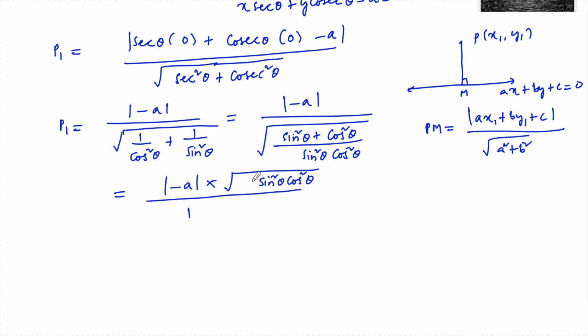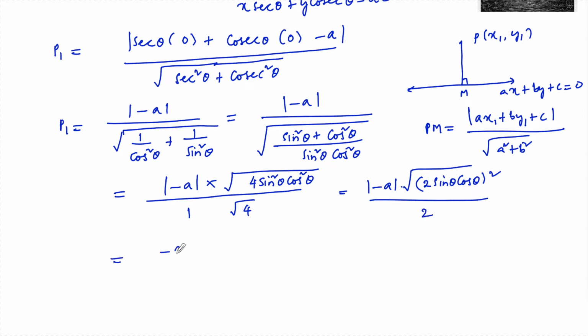So let us multiply and divide with 4 here, so that we can write mod of minus a into root of 4 sin square theta cos square theta, we can write 2 sin theta cos theta whole square, upon root 4 is 2. So we can write minus mod a into root of 2 sin theta cos theta whole square, which is nothing but mod of 2 sin theta cos theta.